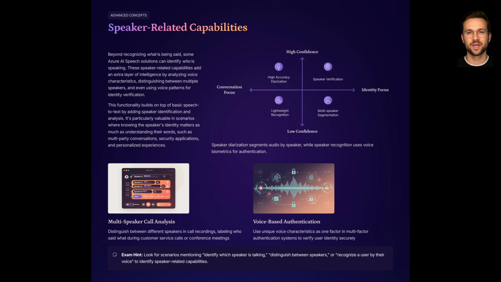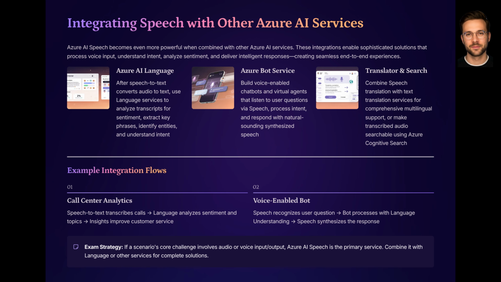Azure AI Speech is often used together with other Azure services. For example, a call center solution might use speech-to-text to transcribe calls, then send the transcripts to Azure AI Language for sentiment analysis and key phrase extraction. A virtual agent might use Azure AI Speech to listen to the user and speak responses, while using other AI services to understand intent and generate the best answer.